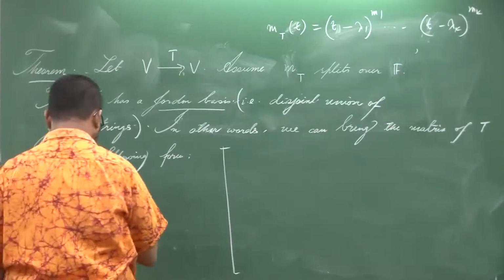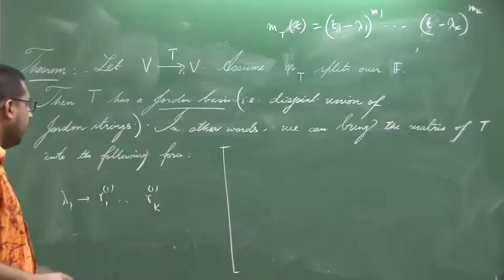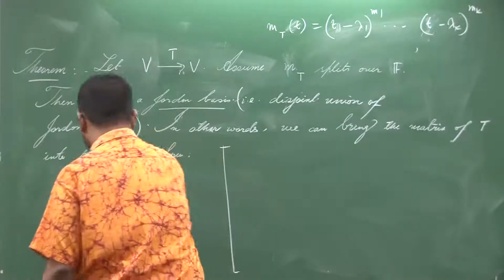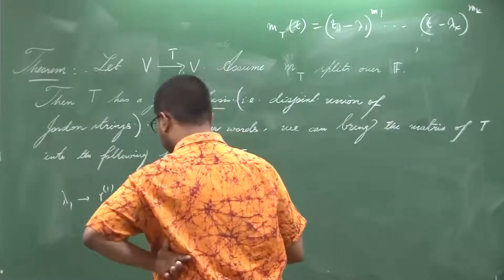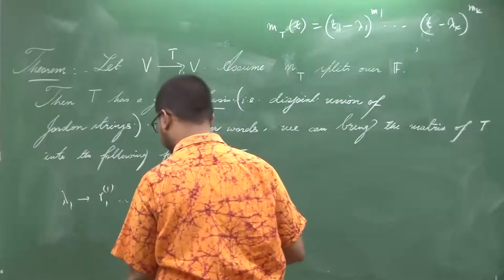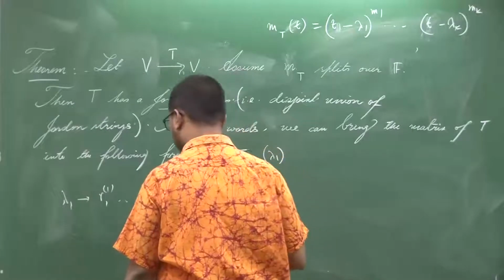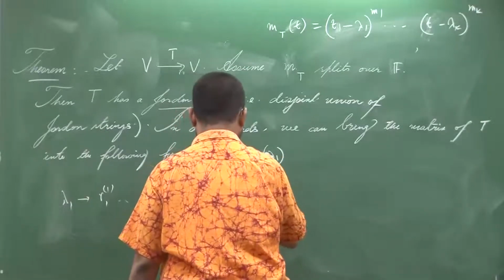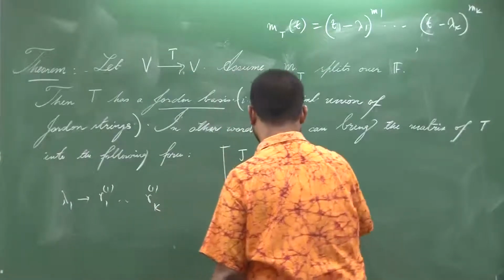Suppose I have Jordan strings of length r1 up to rk. So, the notation seems to be slightly complicated, please bear with me, because right now I cannot think of a better way.